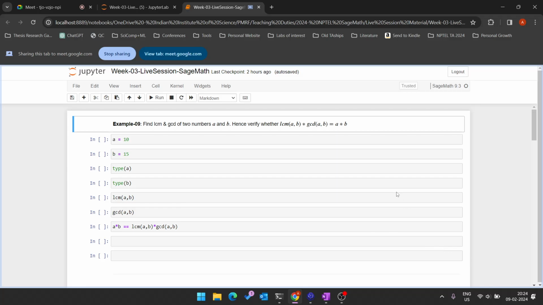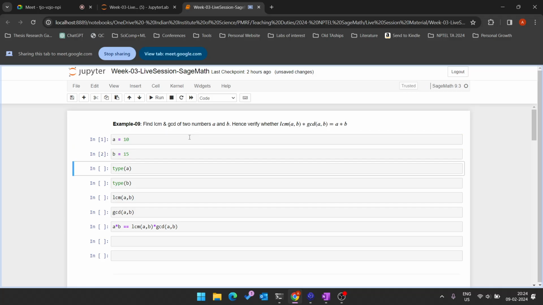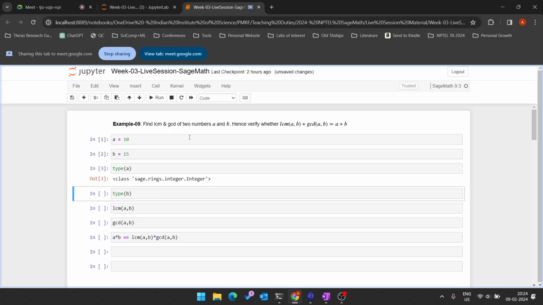Okay, we are in the first example. We are asked to calculate the LCM and GCD of two numbers A and B, and verify this simple identity: the product of the LCM and GCD of two numbers equals the product of the numbers themselves. So I've set A and B to be 10 and 15 respectively.